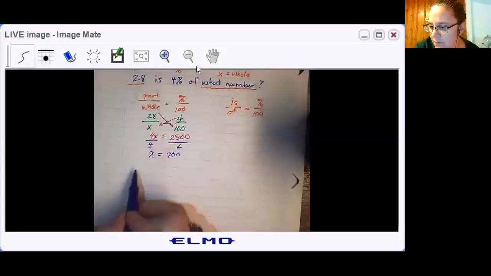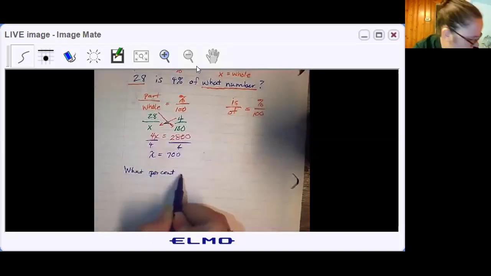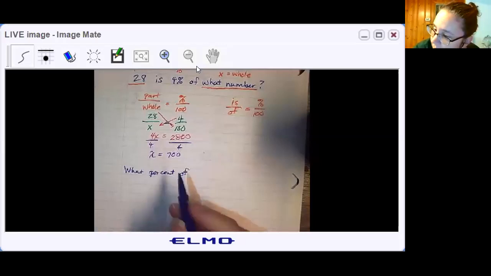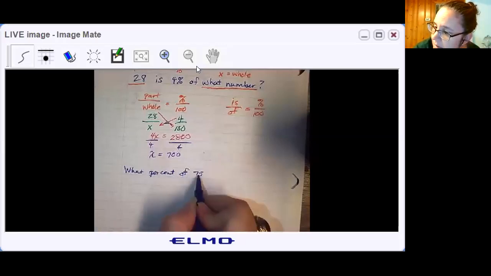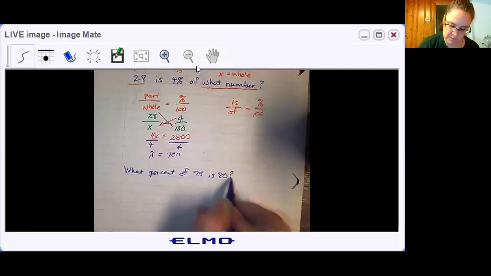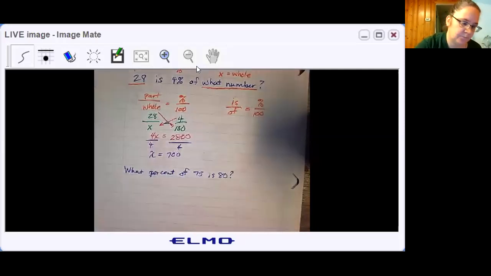So here we go. What percent of 75 is 80? Okay, so now that we've written that down, let's identify our keys.